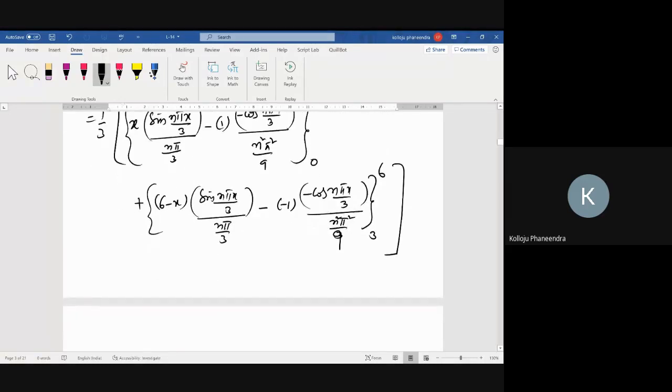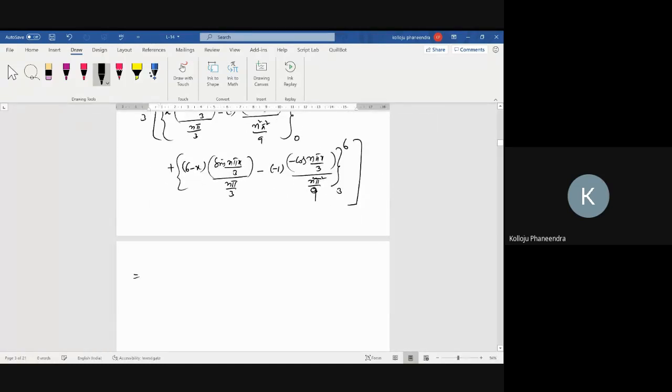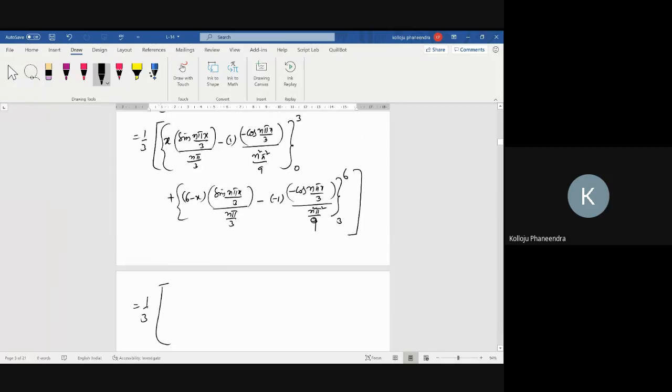Now one by one substitution. This is equal to 1 by 3. First upper limit 3. This 3 is substituted here. 3 gets cancelled. Sin n pi value 0. This is upper limit.